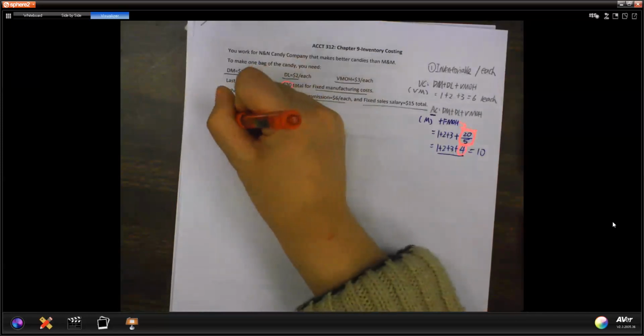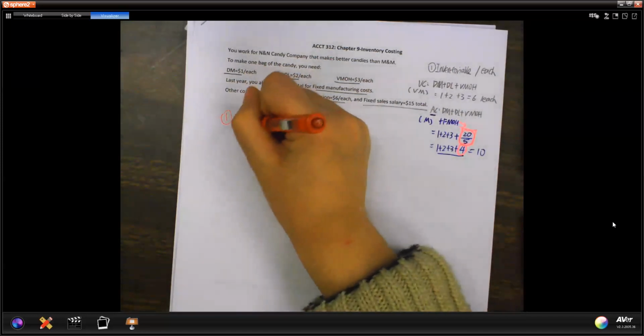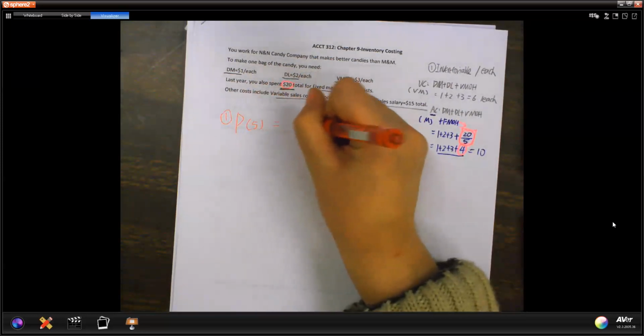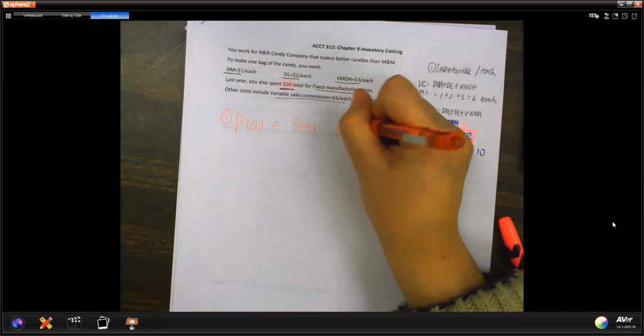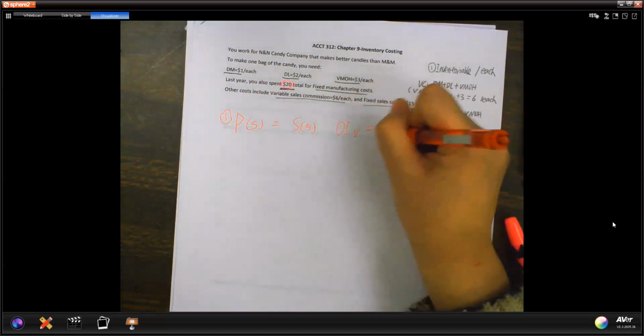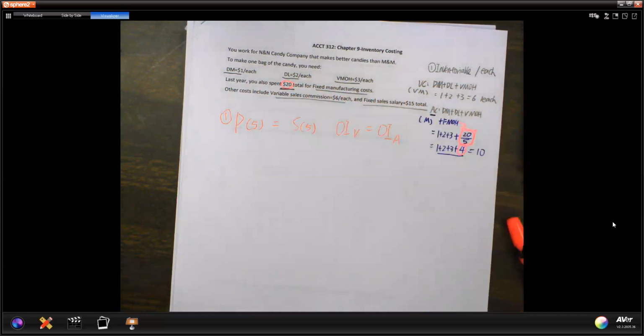Okay, so I do the summary with you. Our first situation is when production 5 equals our sales 5, our operating income under variable is the same as absorption, right?